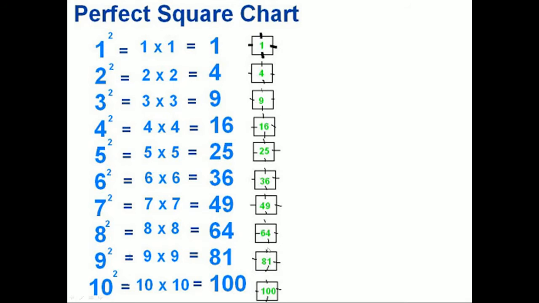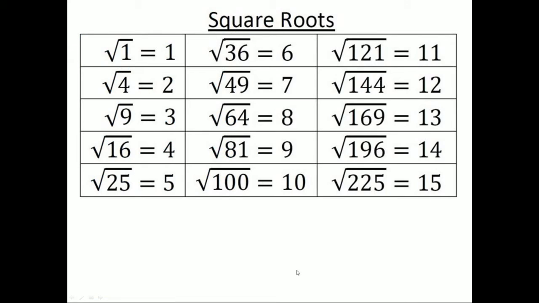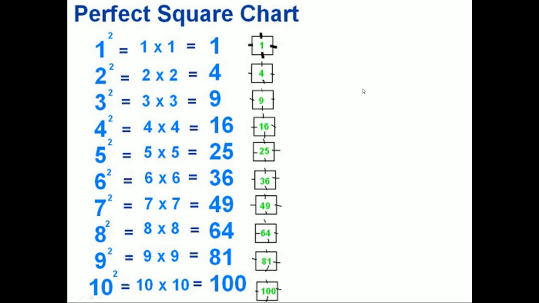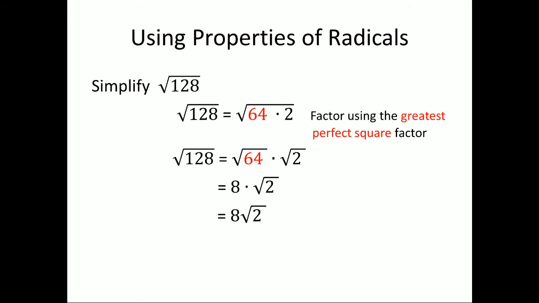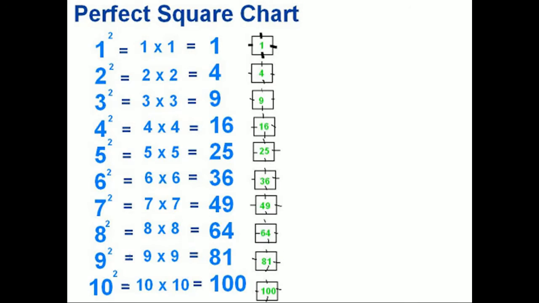These are all the perfect areas of a square: 1, 4, 9, 16, 25, 36, 49, 64, 81, 100, and so forth. 121 is also a perfect square. 144 is a perfect square. This is where all your perfect square roots come from, and you would need to memorize it to simplify these radicals.